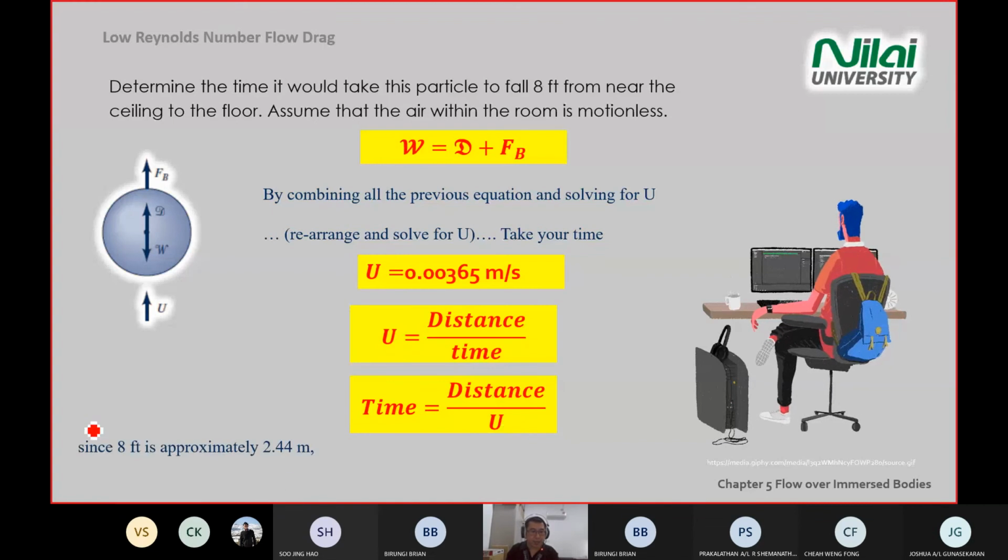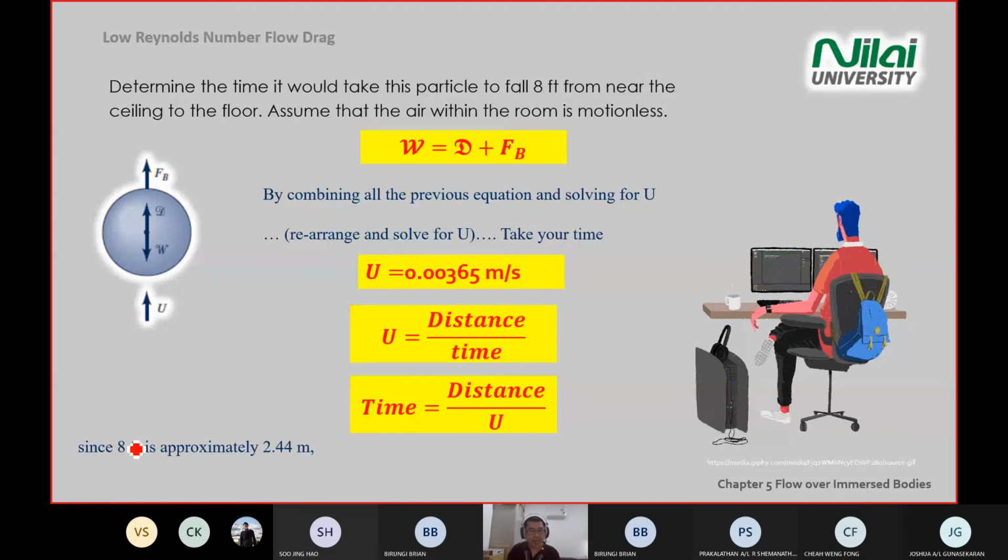Just as a side note, there's a conversion from feet. The question purposely gives you feet, just to illustrate that sometimes in real life you need to be involved with the conversion of units. So in this case 8 feet converts to 2.44 meters. Okay, so this is just a highlight.